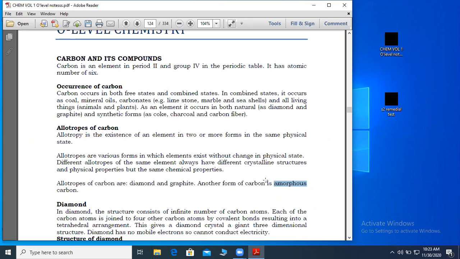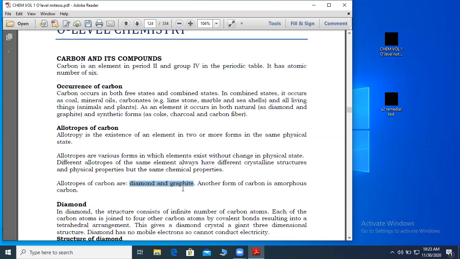So I repeat, someone should note that diamond and graphite are crystalline forms of carbon, but we also have other forms called amorphous forms of carbon.